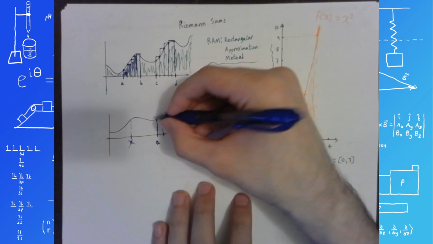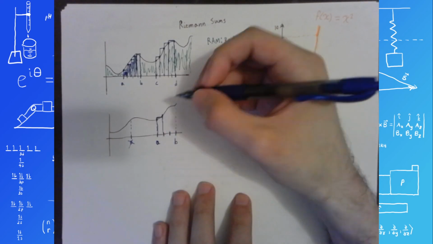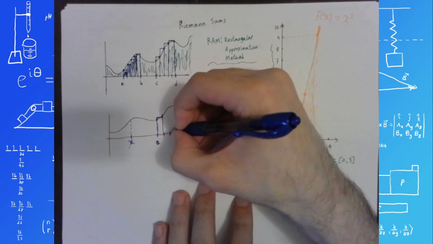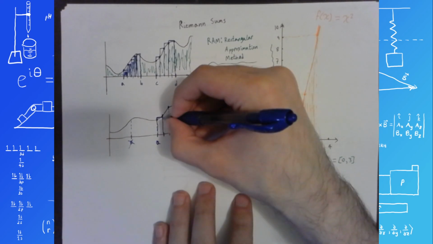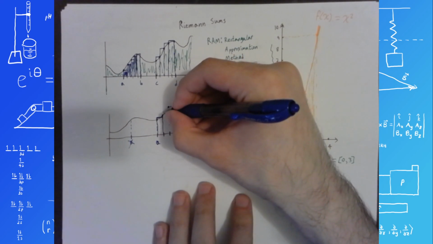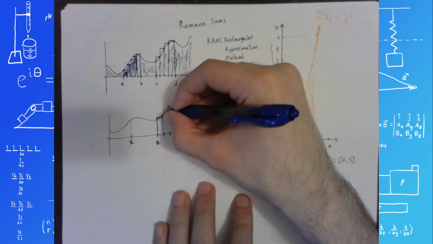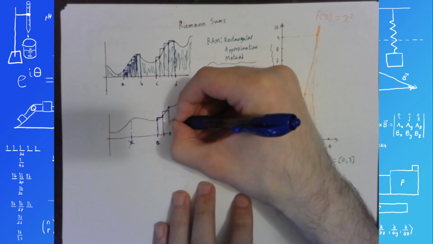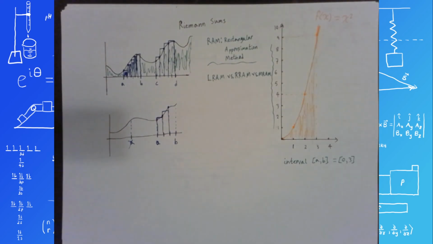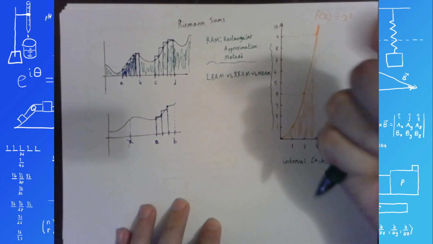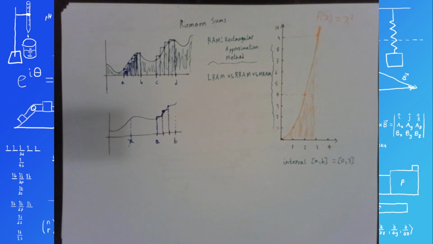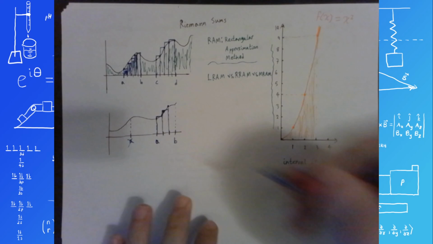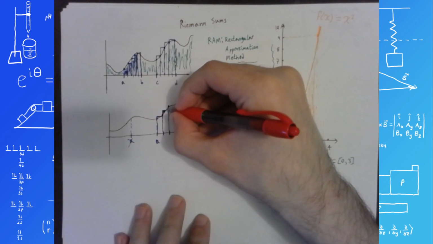And I guess this one is mostly over and outside of the curve, but if I take a look at the next one, we've got a function value here and a function value here, and then halfway in between those two would be something like this. Okay, with this it's a little bit more clear that it has a little bit going outside of the curve, a little bit of overestimate in here, but also it underestimates the curve by a little bit over here.